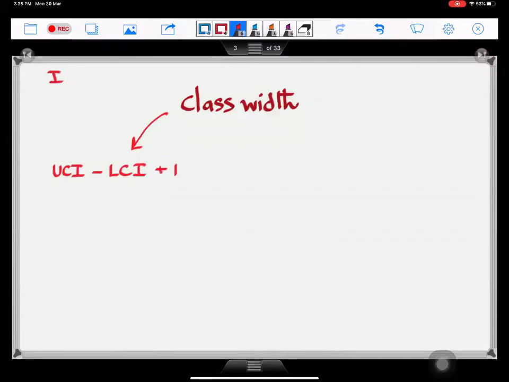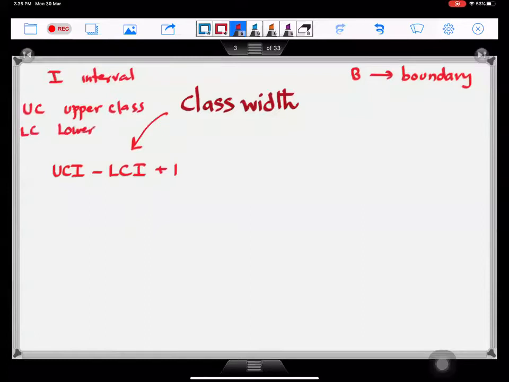So I stands for interval, B stands for boundary, UC upper class, and LC lower class. So upper class interval minus lower class interval plus 1, that means 19 minus 10 plus 1, that comes out to be 10.